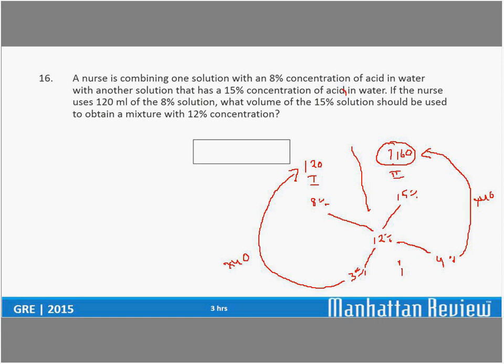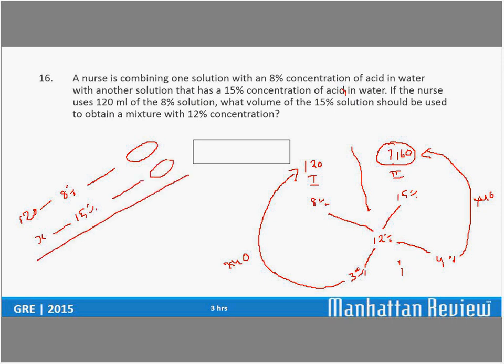When you do this, first calculate in 120 ml, what is 8%? You get some value. If I take X for the 15% solution, again there is some value over here.